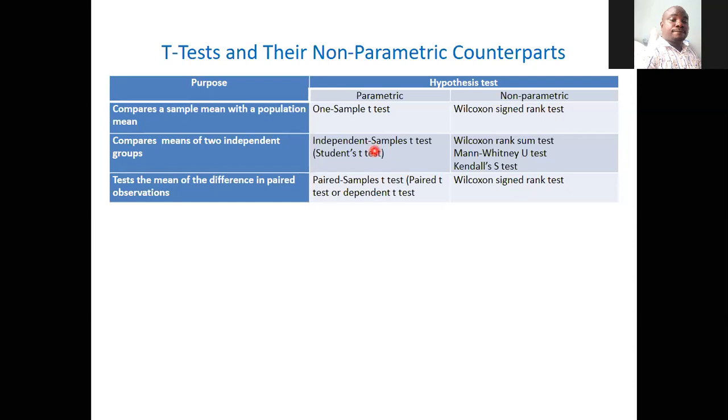I mean the Wilcoxon rank sum test and Mann-Whitney U test. Then, when you are testing the mean of paired observations, that is the same group, one group, but the data you collected is before and after, at two times.